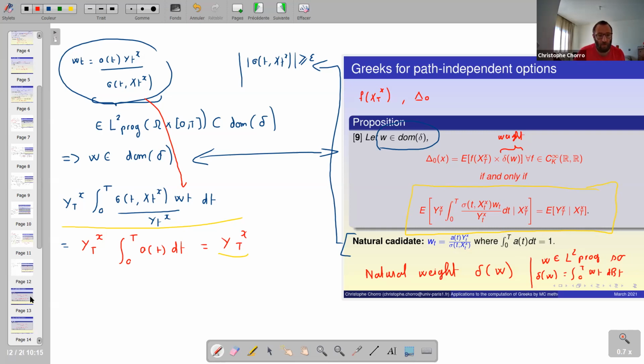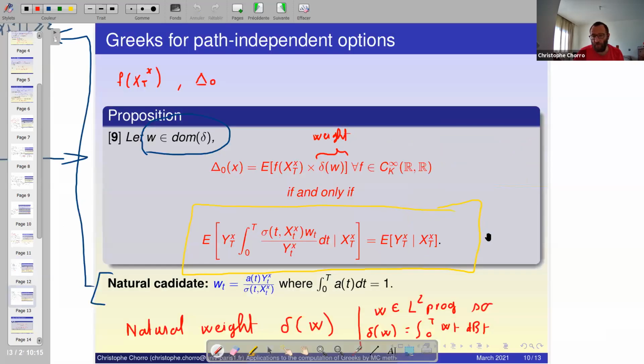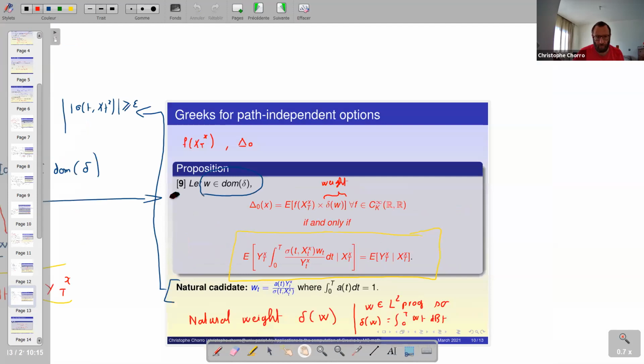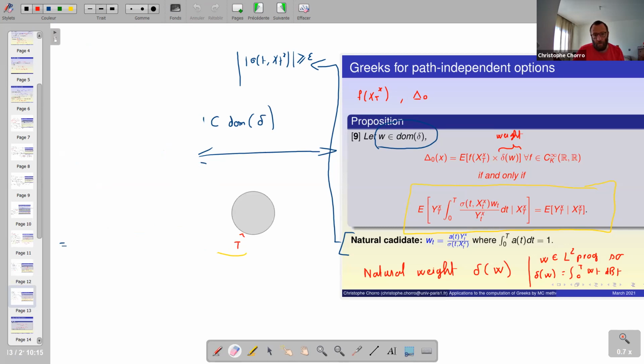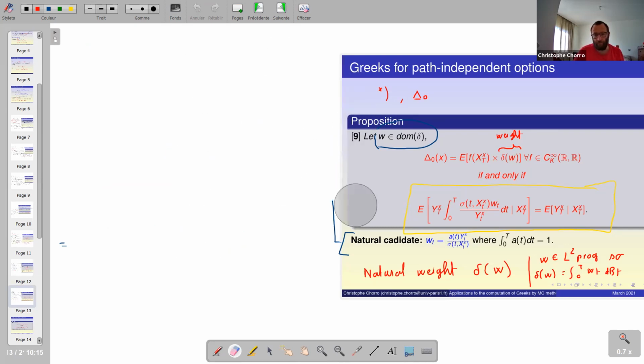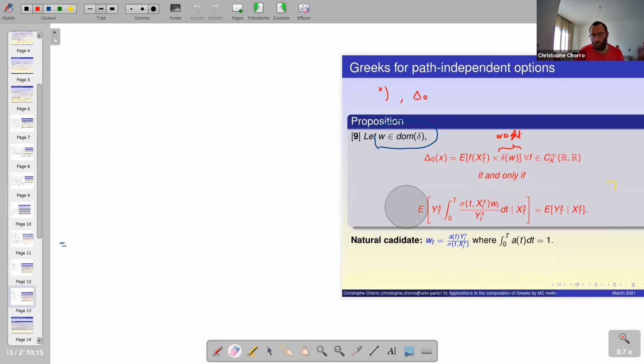Okay, so we are going to see what happened in the case of the Black-Scholes model. So I will see what happened for Black-Scholes. So in the Black-Scholes case, what do I have?